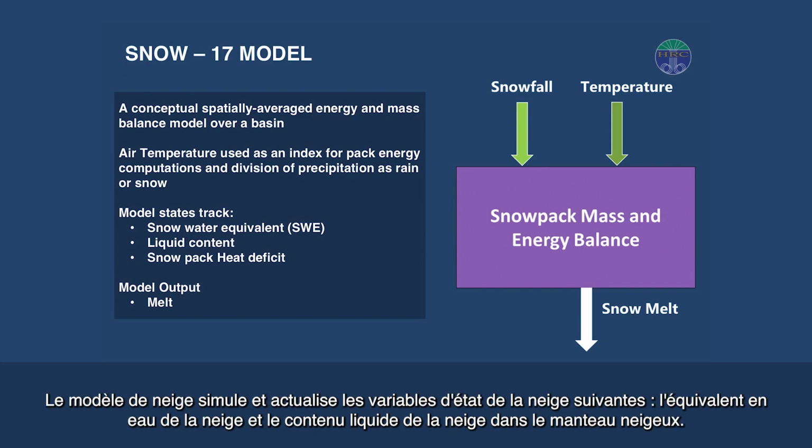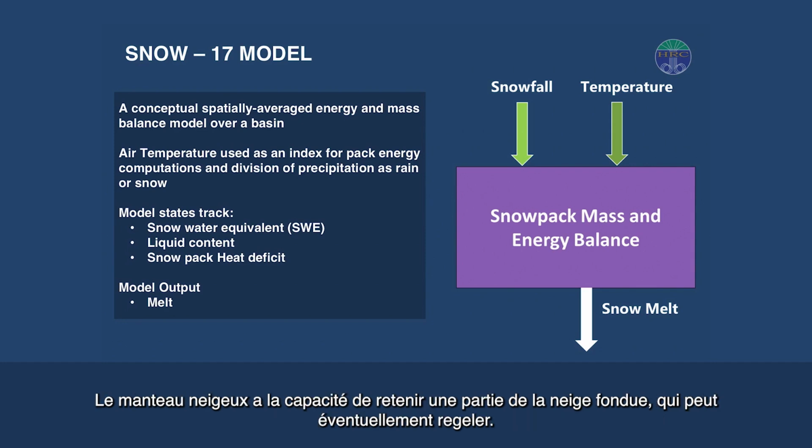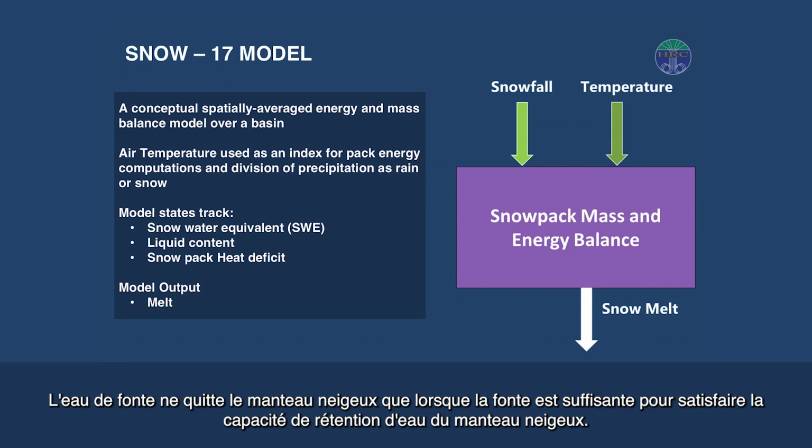The snow model simulates and updates the following snow state variables: snow water equivalent and snow liquid content within the snowpack. The snowpack has the capacity to hold some of the melted snow, and this liquid can possibly refreeze. Meltwater is leaving the snowpack only when enough melt occurred to satisfy the snowpack's water holding capacity.